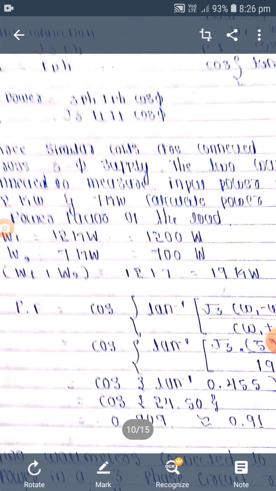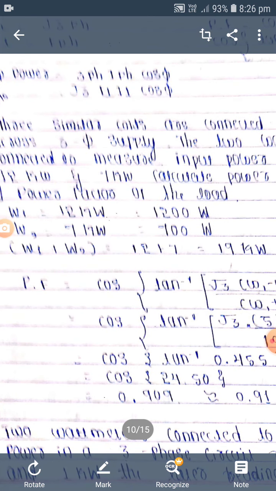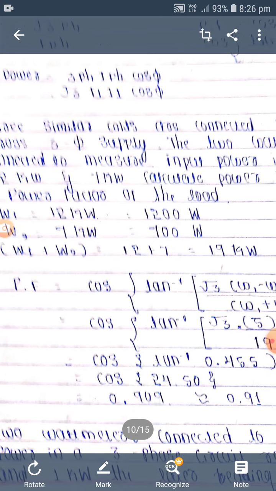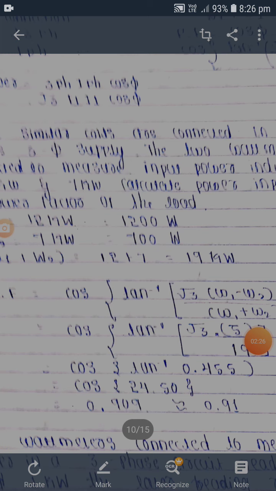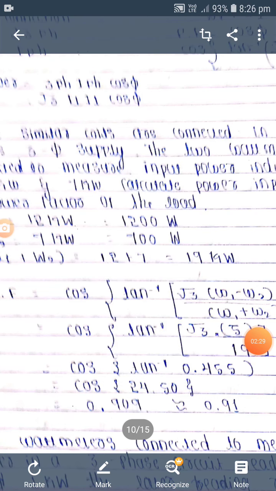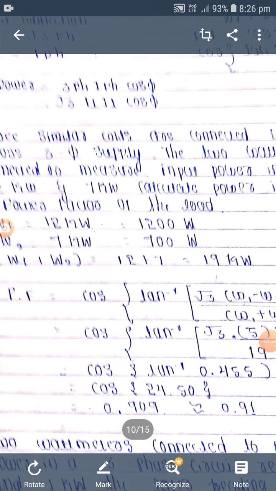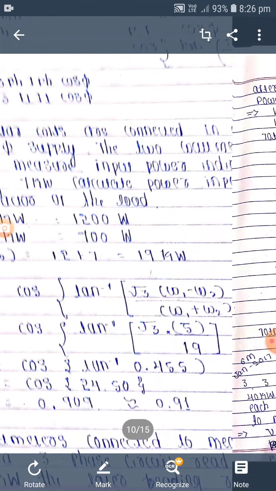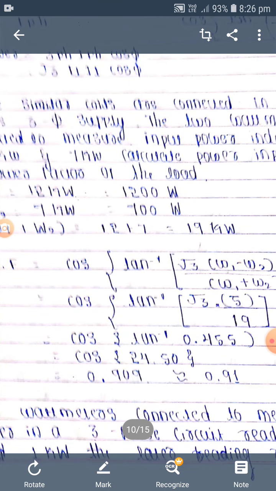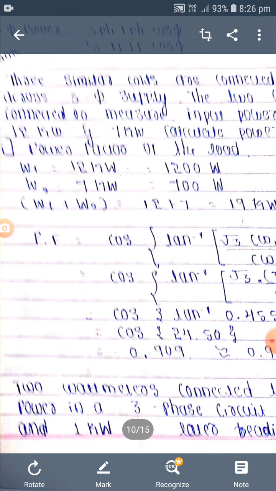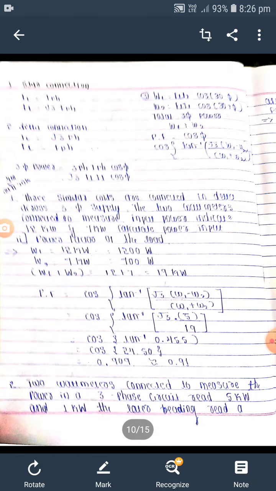Next, power factor is equal to cos of tan inverse of root 3 into W1 minus W2 divided by W1 plus W2. You substitute W1 is 12 kilowatt, W2 equal to 7, and simplify. Finally we will get power factor equal to 0.909 or 0.91. You will get this kind of problems in the examination.